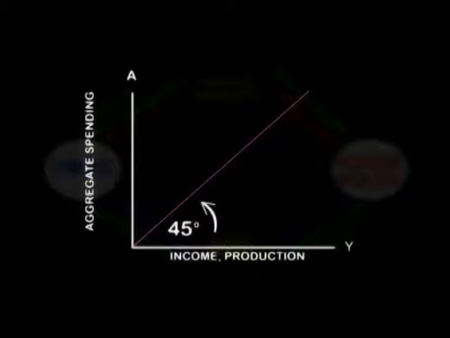The expression representing this line would in fact simply be A equals Y. Any point above this line would represent excess demand, consumption being higher than production. A point below the line would indicate excess supply. Production, reflected on the horizontal axis, would be greater than consumption.